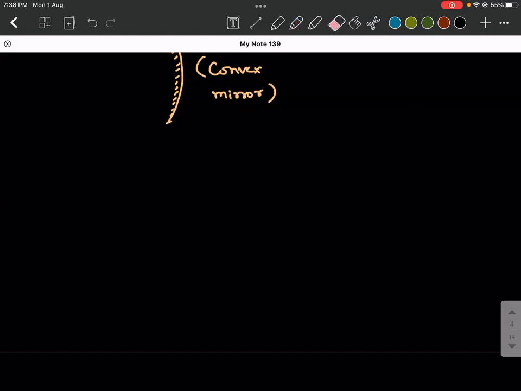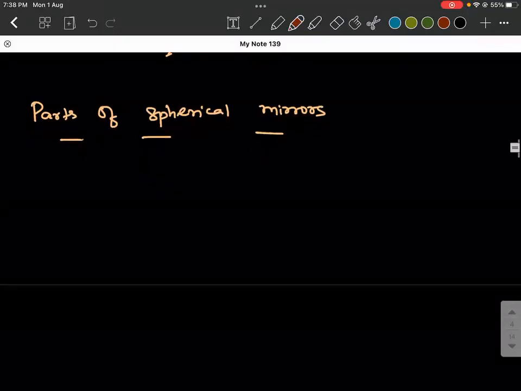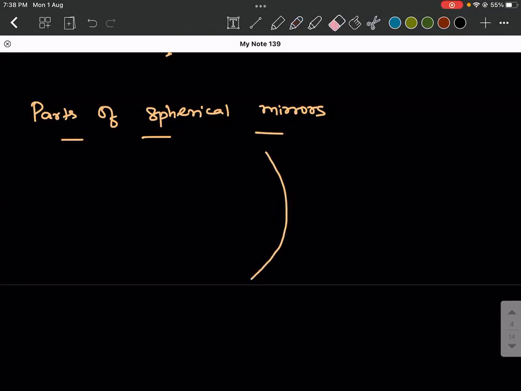So with respect to a spherical mirror, there are parts. So parts of spherical mirror, okay.